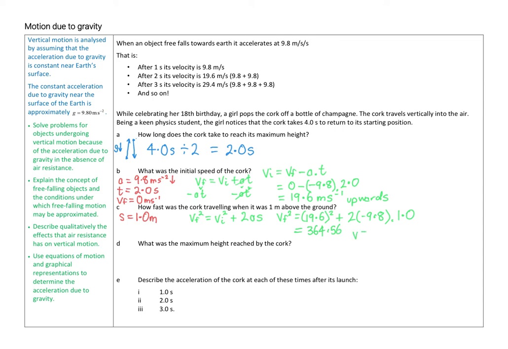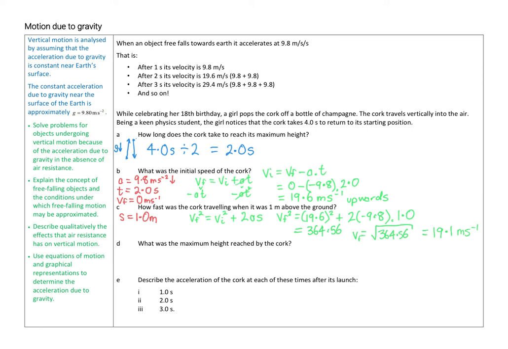So the velocity after 1 second, or VF in this case, will be equal to the square root of 364.56, which will be equal to 19.1 meters per second, and it will be still going up. So after 1 meter, it will not have slowed down all that much.